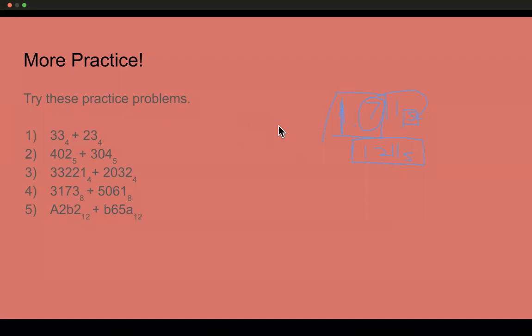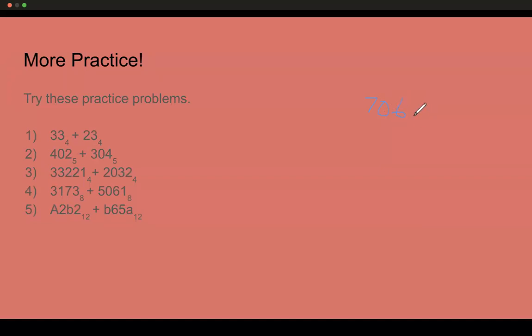Jasper, do you want to explain the problem? Oh, okay. All right. So Jasper is saying that he first added the numbers together, which got 706.